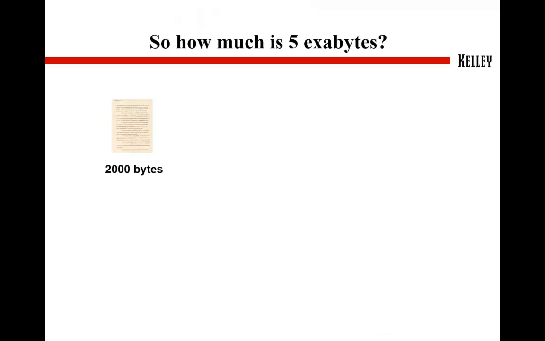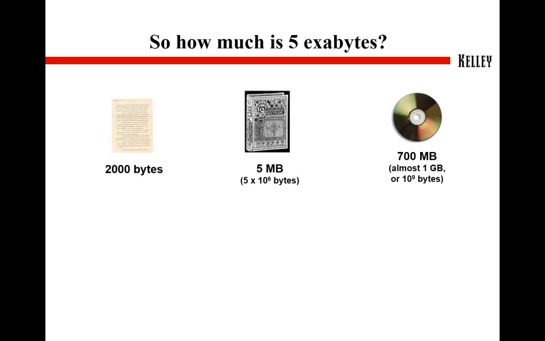It takes about 2,000 bytes of computer memory to store one page of written text. It takes about 5 megabytes, that's 5 million bytes, to store a large book like an encyclopedia or a volume of Shakespeare. One CD holds 700 million bytes of data.